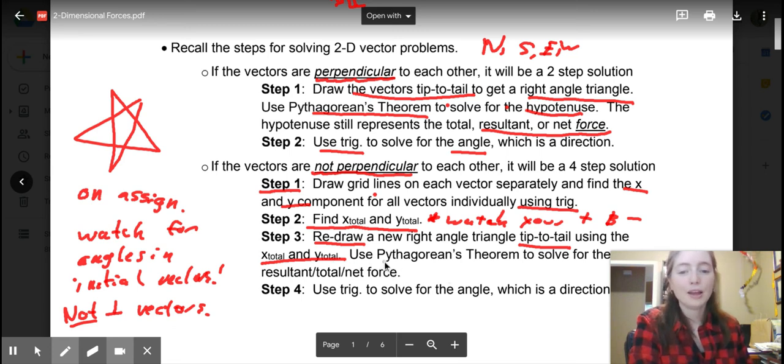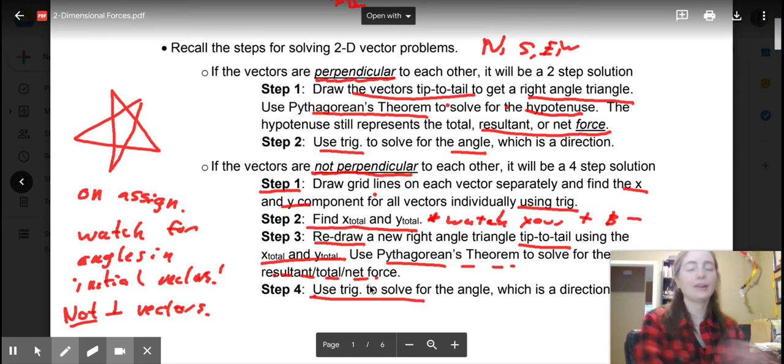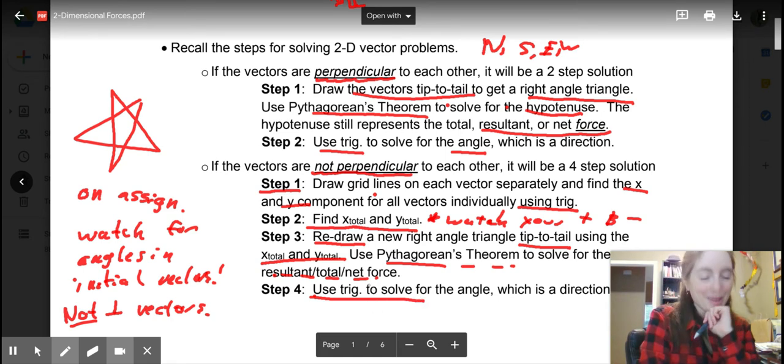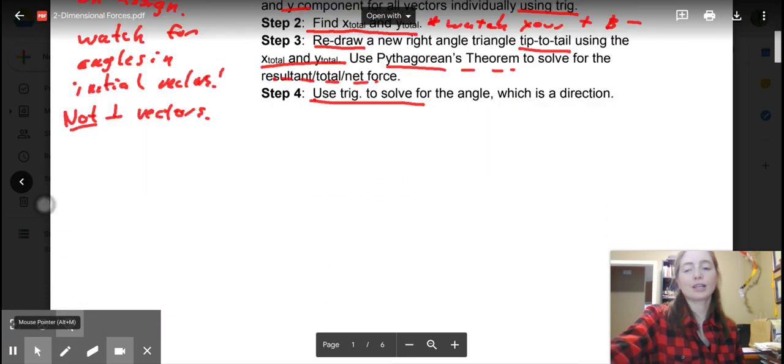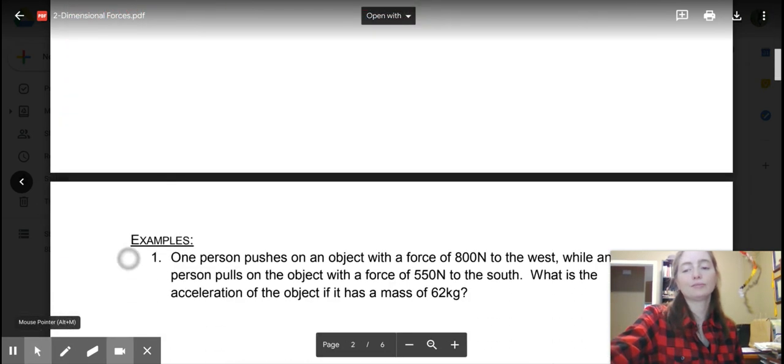Okay, you're going to use Pythagorean theorem to solve for your resultant, which is going to be the net force. Then you're going to use trig to solve for your new angle and direction. Okay, so we've got 2 practice problems we're going to do. One with perpendicular vectors and one with non-perpendicular vectors. Okay, so we're going to scroll along.